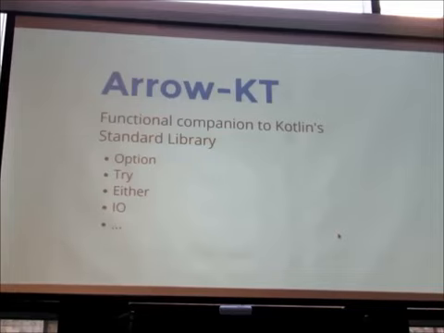Well, the IO monad of Arrow basically helps create effects like network calls, like reading from caches or printing to the screen. It helps write those effects in a purely functional way. And the reason it wasn't mentioned here is because that's a whole talk on its own. And it's pretty cool what you can do with all of this.